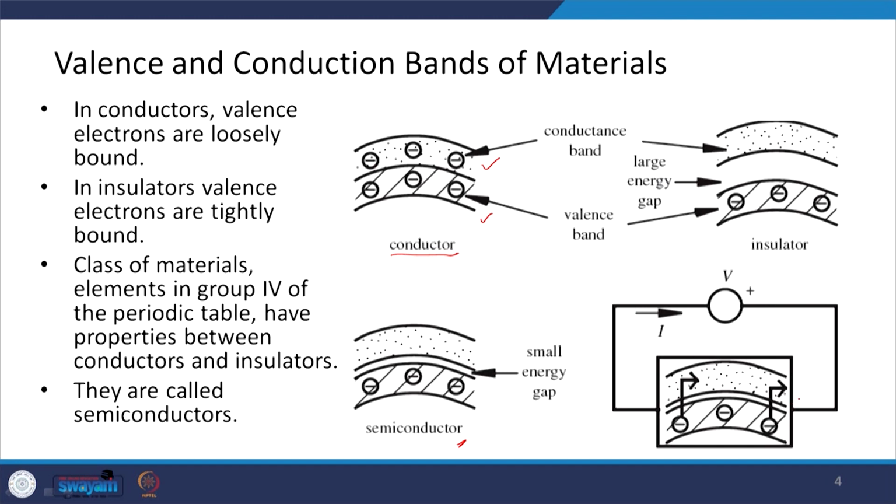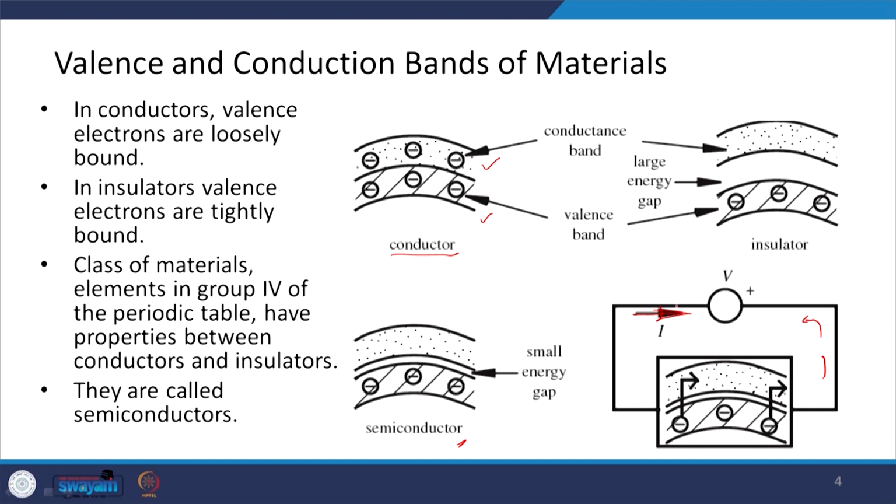These electrons move towards the positive side of the voltage supply, and they move in this direction. Our conventional current direction is the opposite of the electron motion direction, and we see the current moving in this direction.